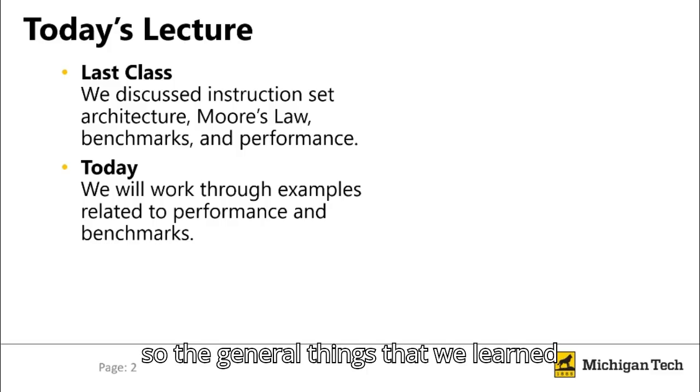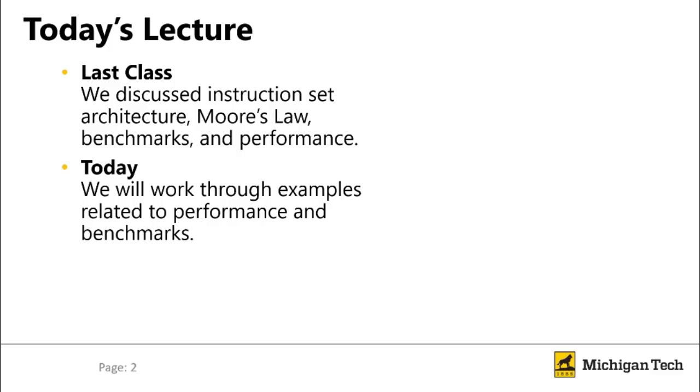The general things that we learned in previous classes was that the performance is not just related to the number of instructions in a code and clock cycle, but also to clock per instruction.